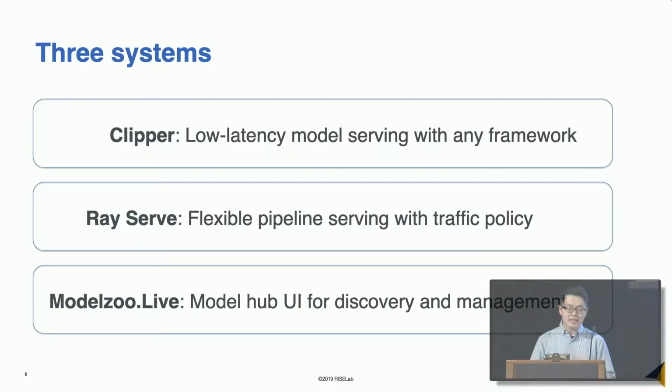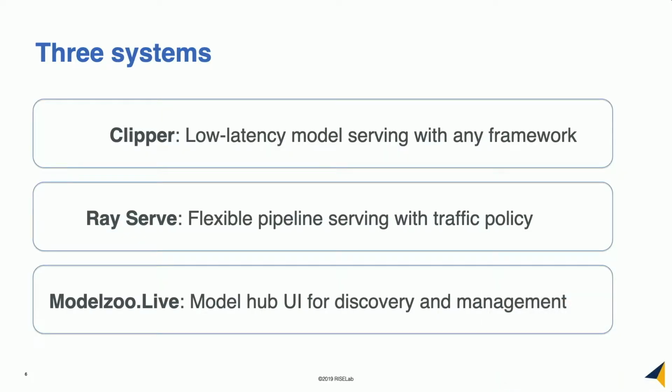In this session, we're going to introduce three systems. Clipper is a low-latency model-serving system. It can serve any framework. RayServe is a flexible pipeline-serving library that comes with a unique concept called traffic policy. And lastly, Rehan will introduce you to modelzoo.live, which is something we have been working on for quite a long time, and it's a model hub UI for discovery and management.